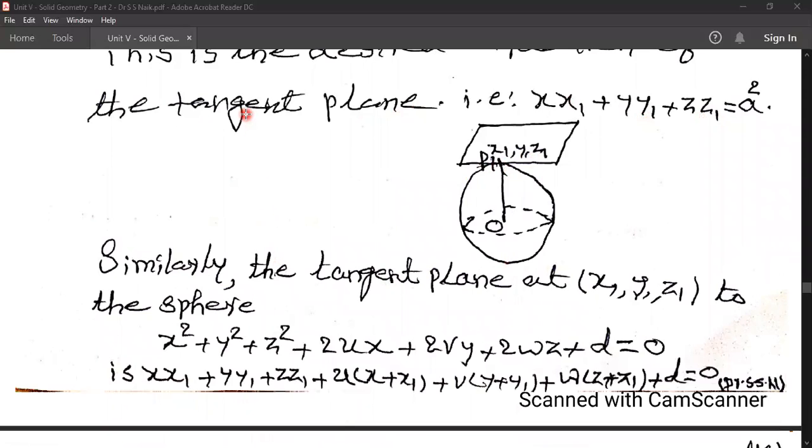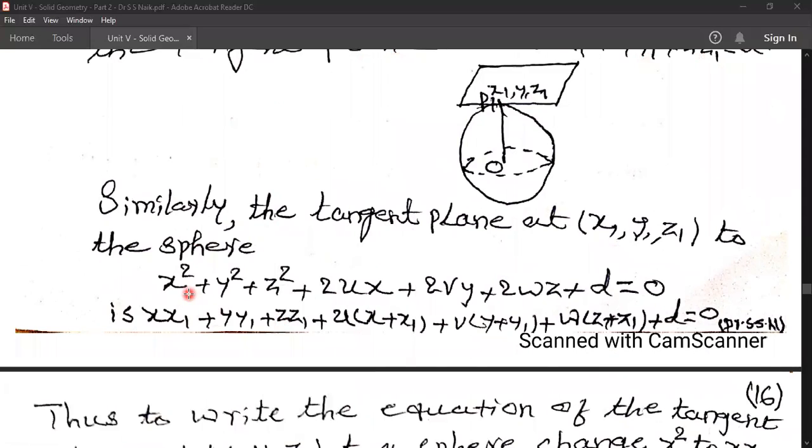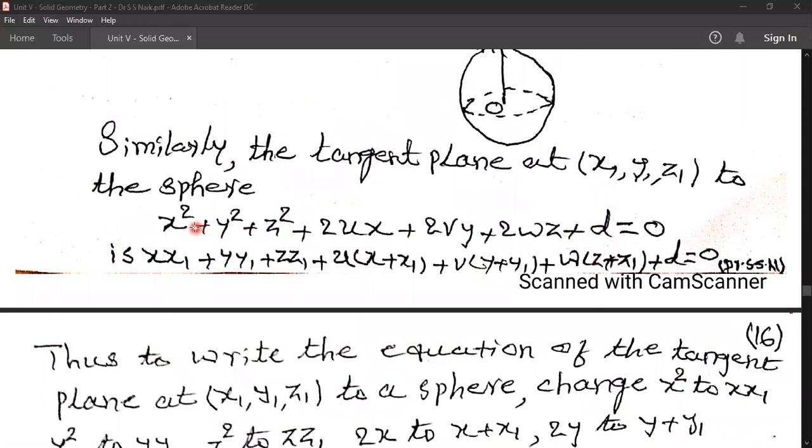Similarly, now we'll apply the same idea to the tangent plane at (x1, y1, z1) to the sphere x square plus y square plus z square plus 2ux plus 2vy plus 2wz plus d equal to 0. This is the general equation of a sphere.